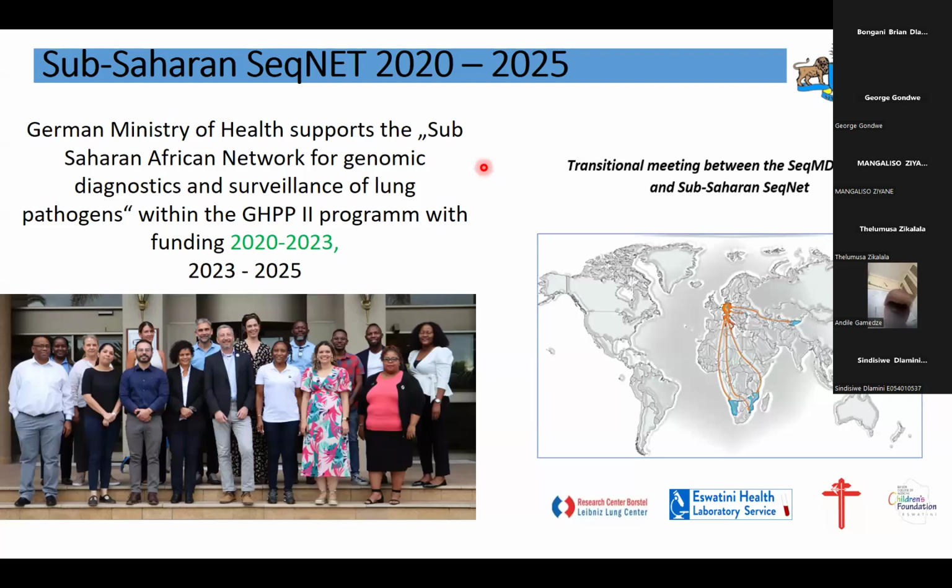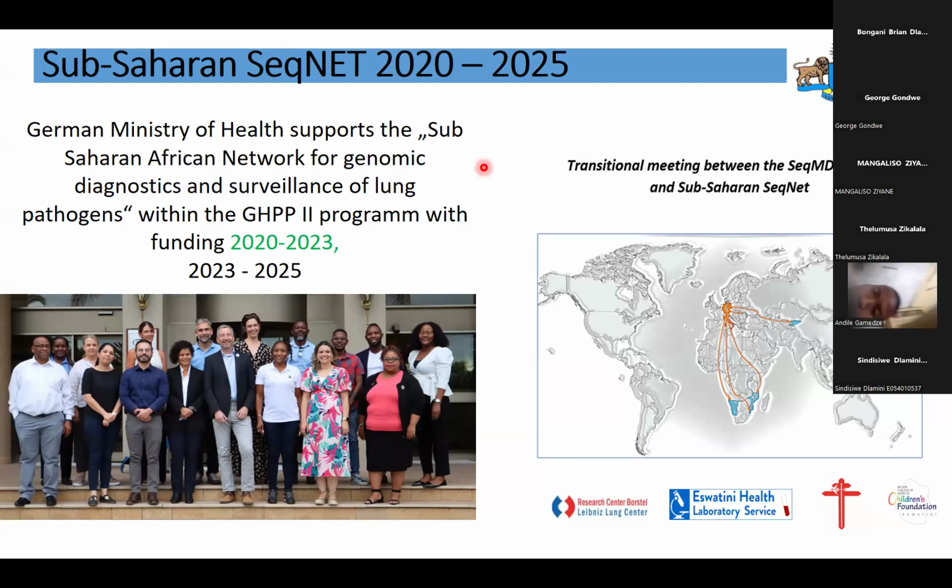It started in 2020, with the initial plan to end in 2022, and was also expanded to 2025. This project is supported by the Ministry of Health of Germany under the Global Health Protection Program, which is overseen by the Research Center Boston. But the main implementing partner here is Baylor.